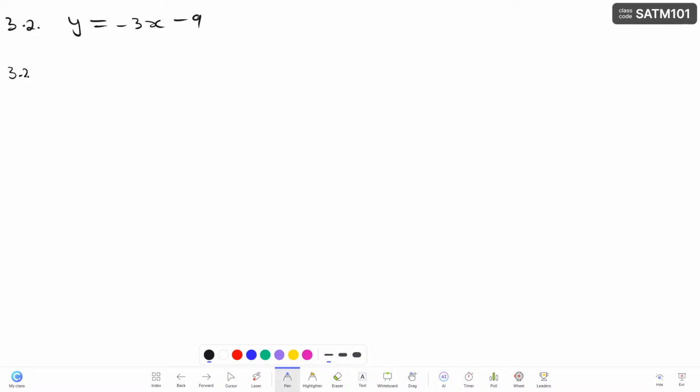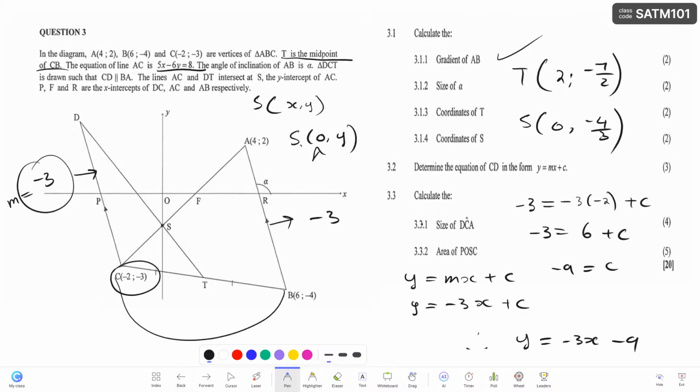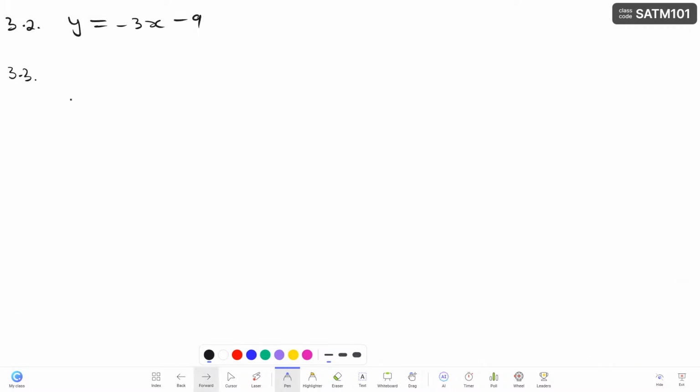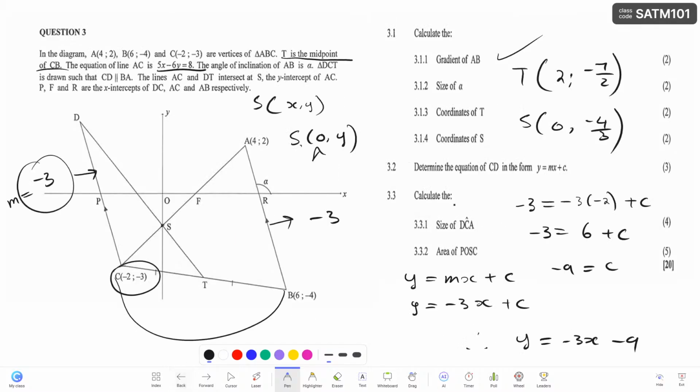So 3.3. They are saying, oh, it's 3.3.1. Okay, 3.3.1. So they're saying calculate the size of angle DCA.